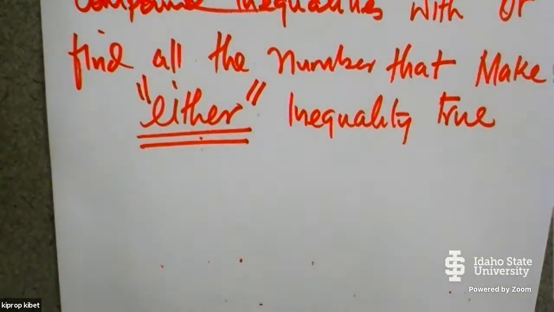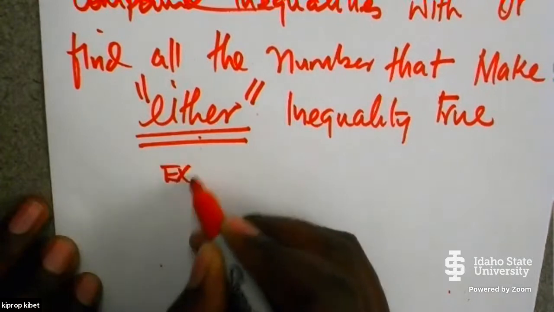You can make one of them true or the other one to be true, or both. Okay. All right. So example number one.